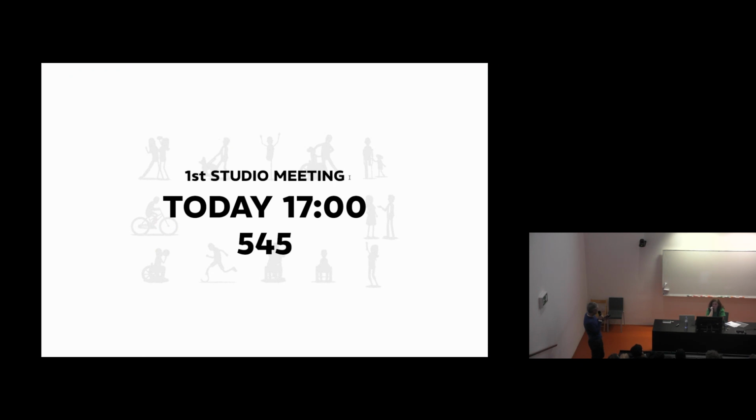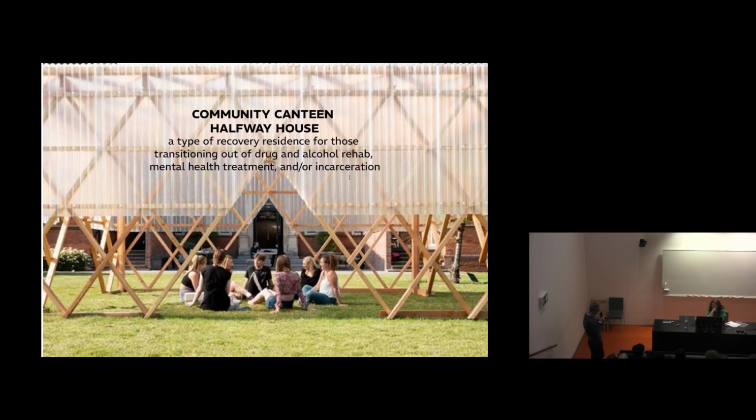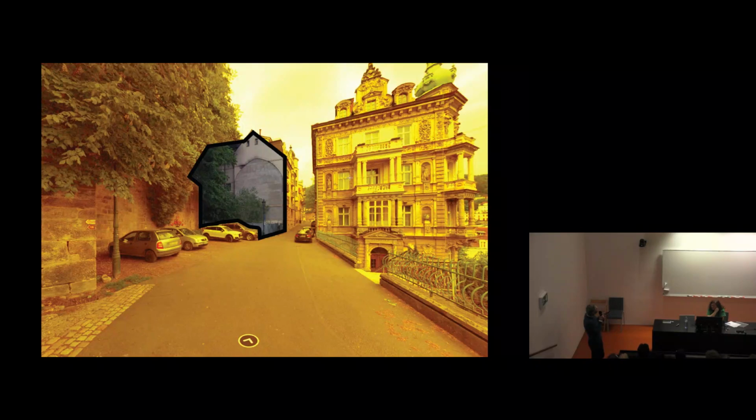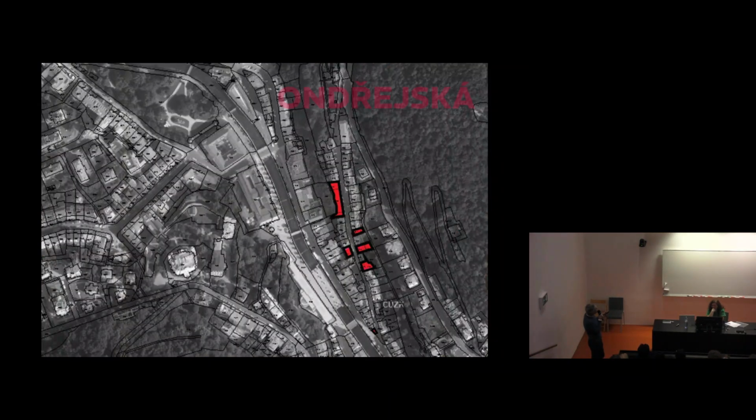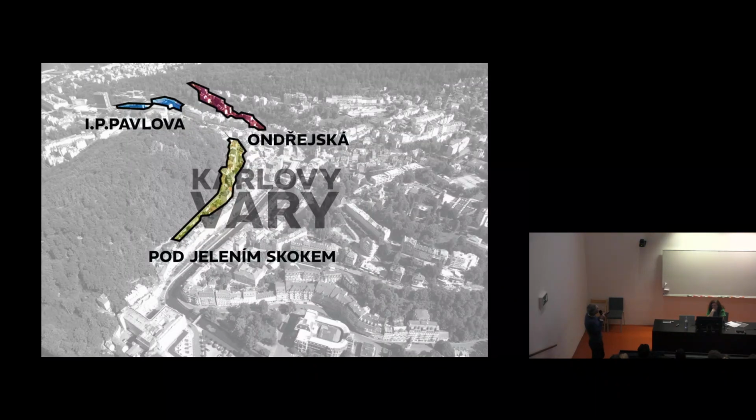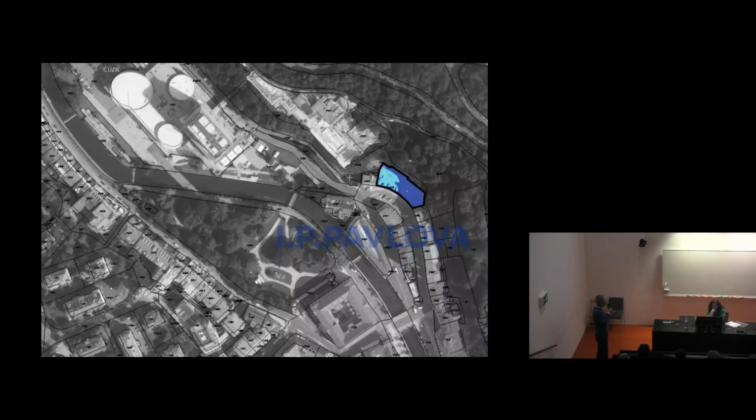We focus on three streets in the heart of the spa district, and we pick up several gaps in those streets: I. P. Pavlova, Ondřejska, and the third is Pod Jelením skokem.